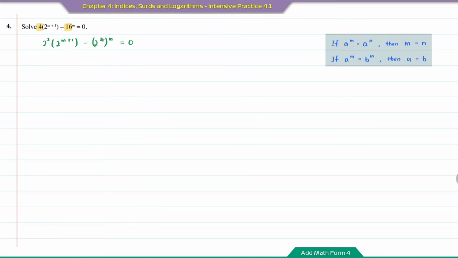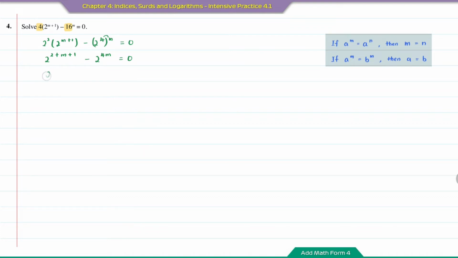So now we have the same base for each of the terms. So for the first part here, as this is 2 to the power of 2, multiply this one, so we're just going to plus the power. So this one will become 4m.